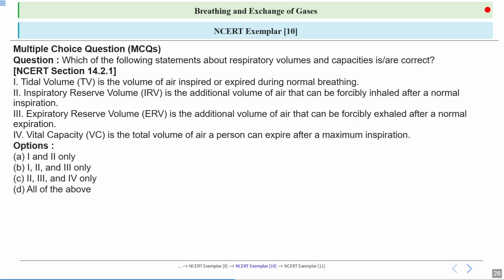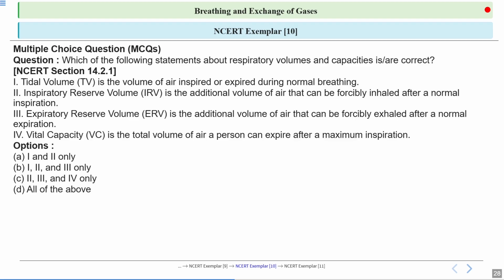Second, inspiratory reserve volume is the additional volume of air that can be forcibly inhaled after a normal inspiration. Third, expiratory reserve volume is the additional volume of air that can be forcibly exhaled after a normal expiration. And fourth one is the vital capacity is the total volume of air that can be expired after the maximum inspiration.